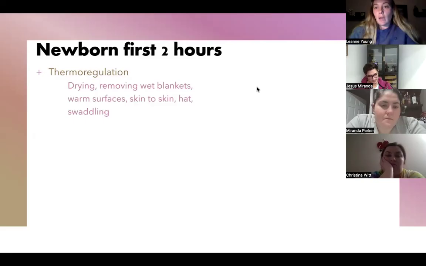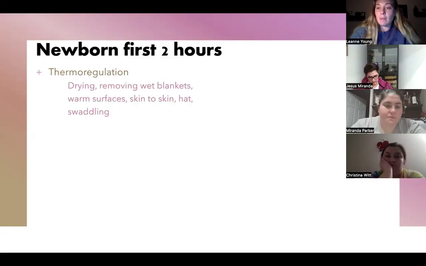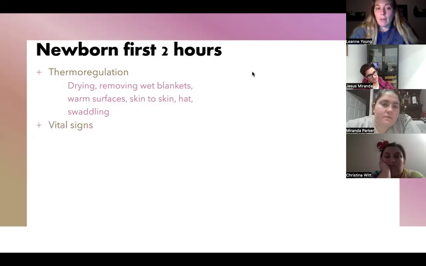So that includes drying, removing any wet blankets, making sure any surface that the baby is on is warm, putting them skin to skin, making sure a hat is on because babies lose a lot of heat from their head, and swaddling the infant appropriately. Okay. In my PowerPoint, I go through conduction, convection, the different ways that heat can be lost or transferred. You guys will need to know that for your exam. Okay. So make sure you guys are paying attention to that.